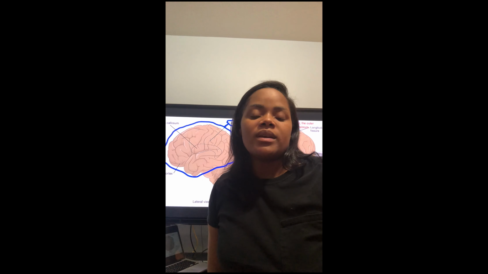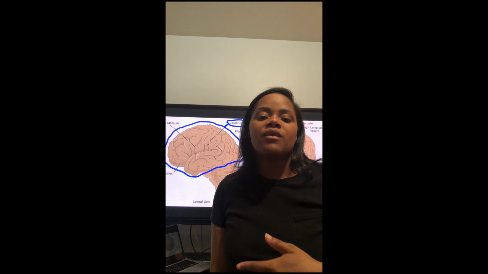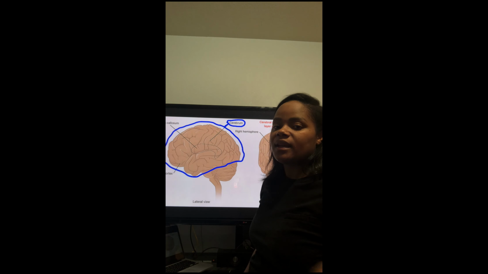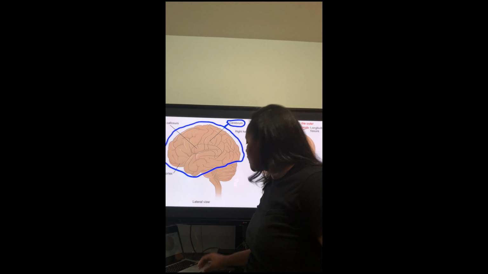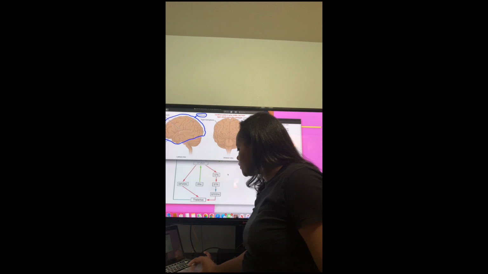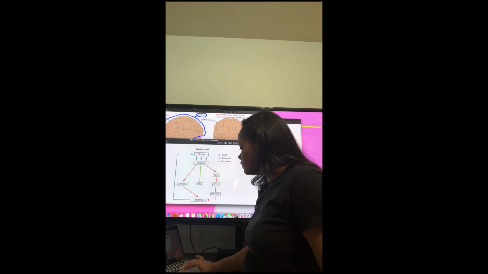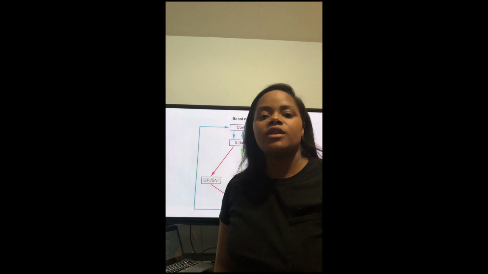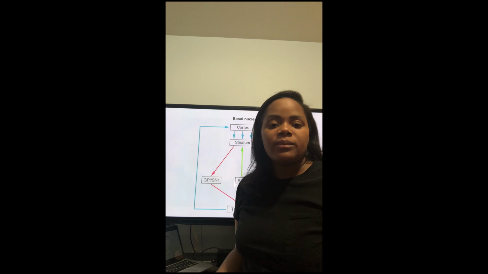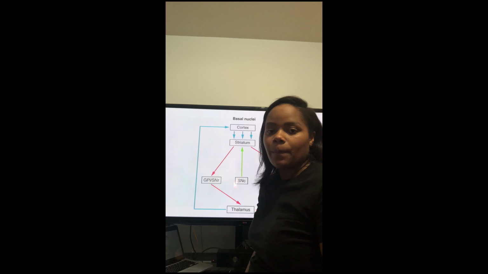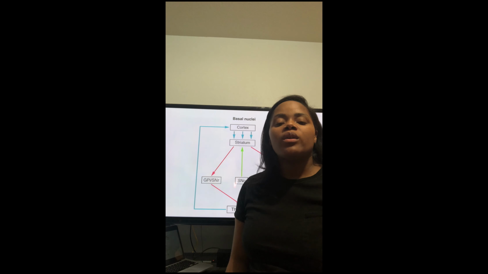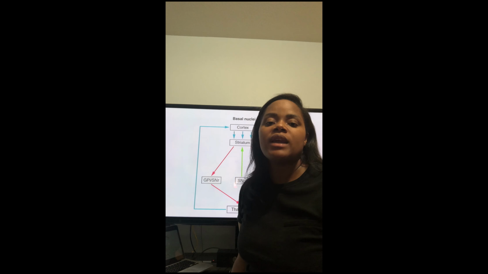Input to the basal nuclei is from the cerebral cortex, which is an excitatory connection releasing glutamate as a neurotransmitter. This input is to the striatum, or the caudate and putamen.